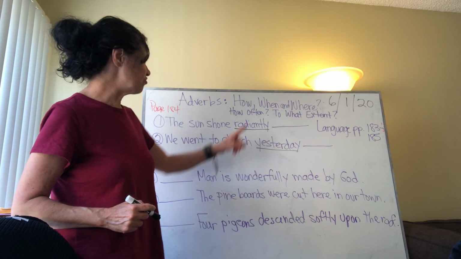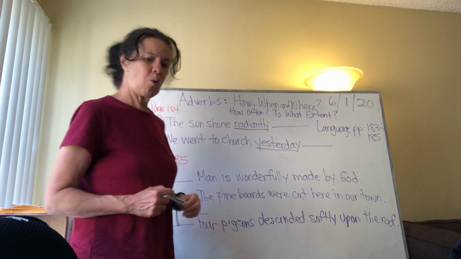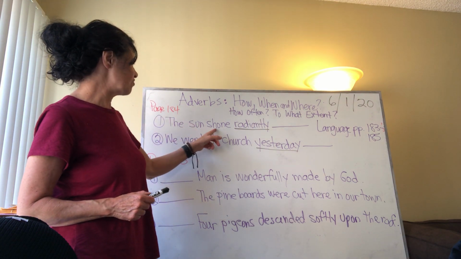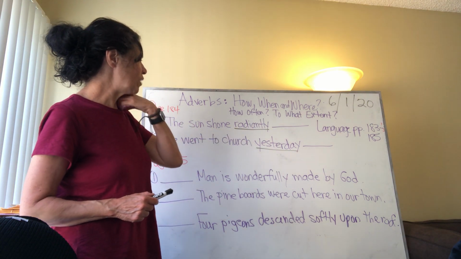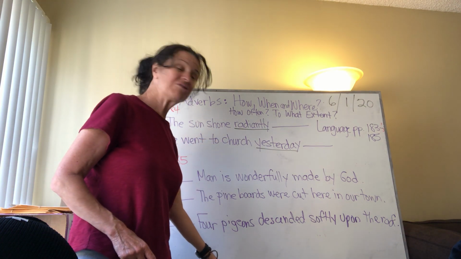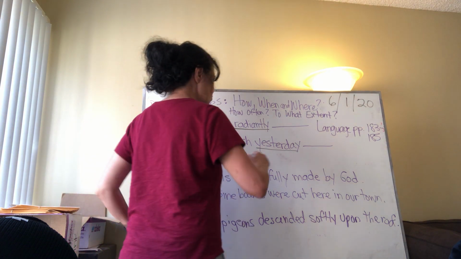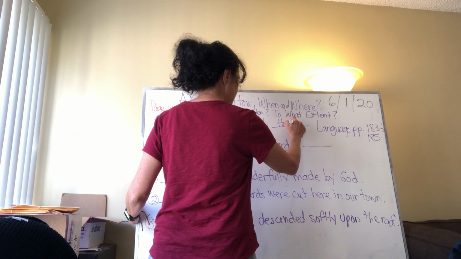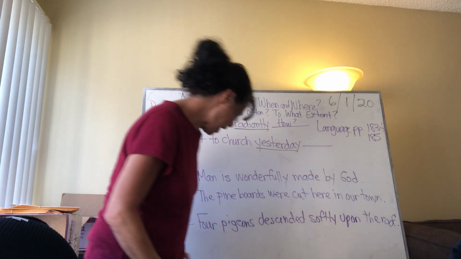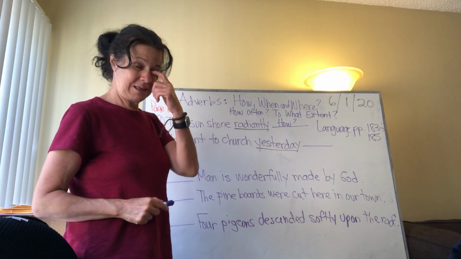Does that answer the question how, when, where, how often, or to what extent? Okay, so you ask yourself, radiantly, sun shone. Shone is your verb. How did it shine? So it answers the question how. So you would write the word how, question mark, in the blank. It is answering that question. How did it shine? It shone radiantly.